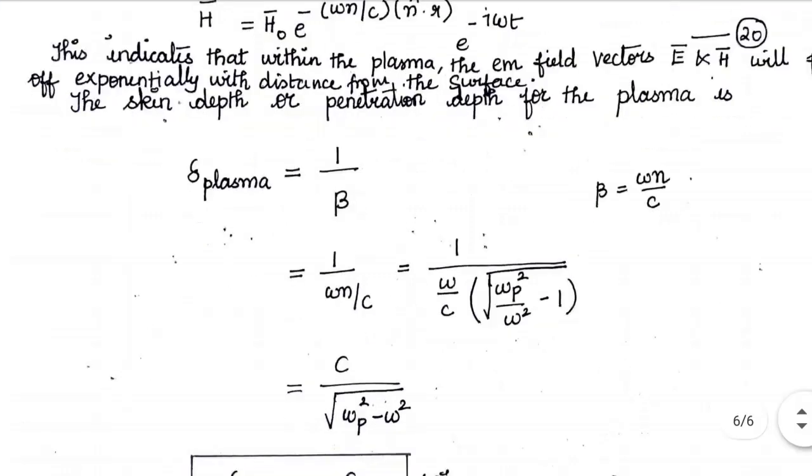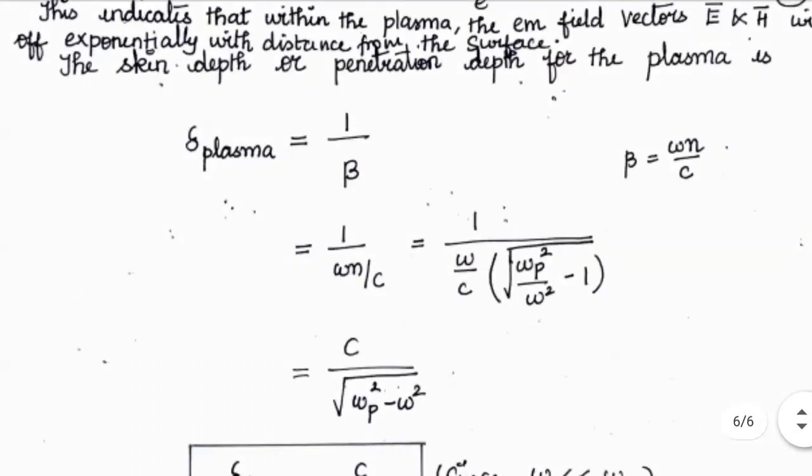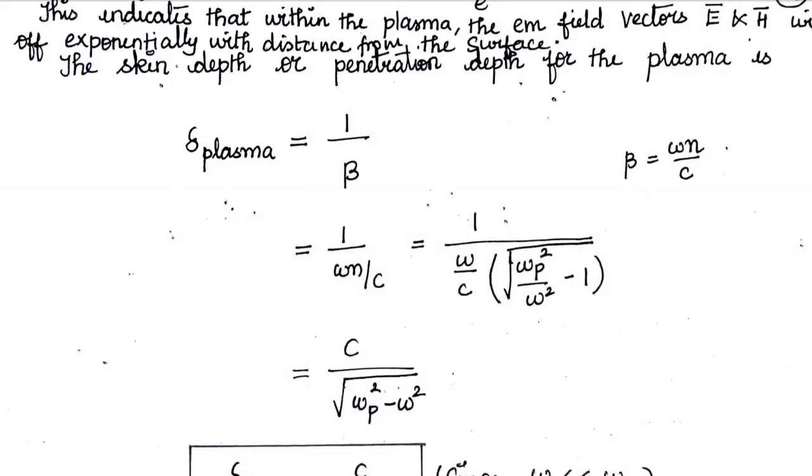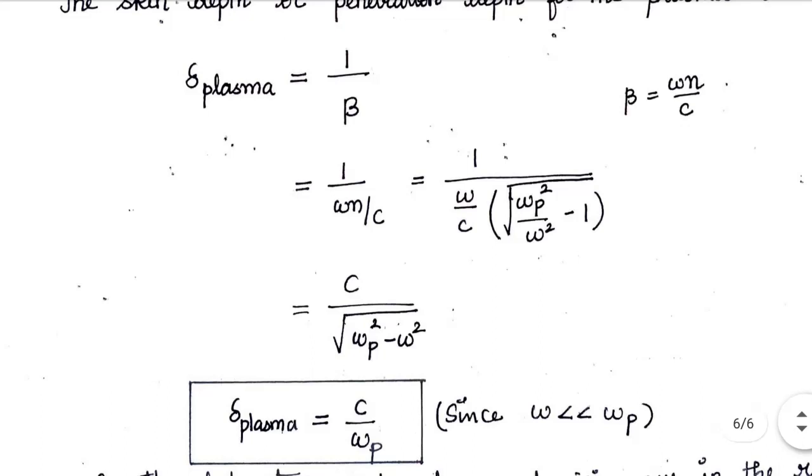Then substituting the value of n here, we get 1 by omega by c into root of omega p square by omega square minus 1. So within the square root, you cross multiply it, you will get omega p square minus omega square. So when you take that omega out of the square root, that omega by c and this omega will get cancelled. So we are left with c divided by root of omega p square minus omega square.